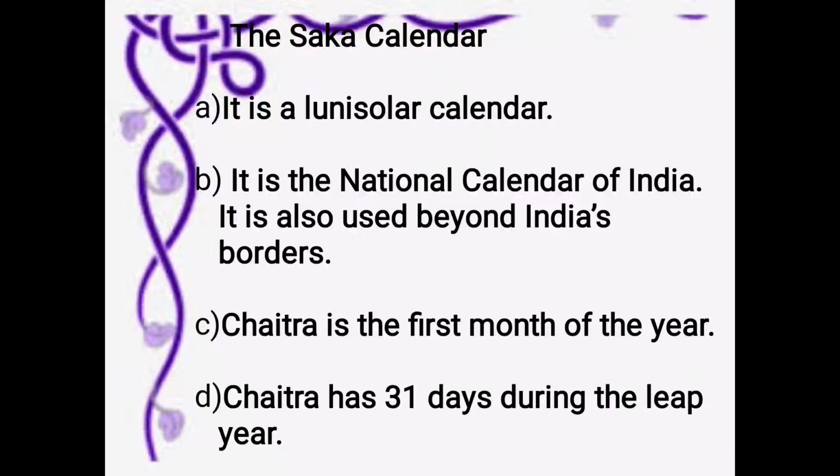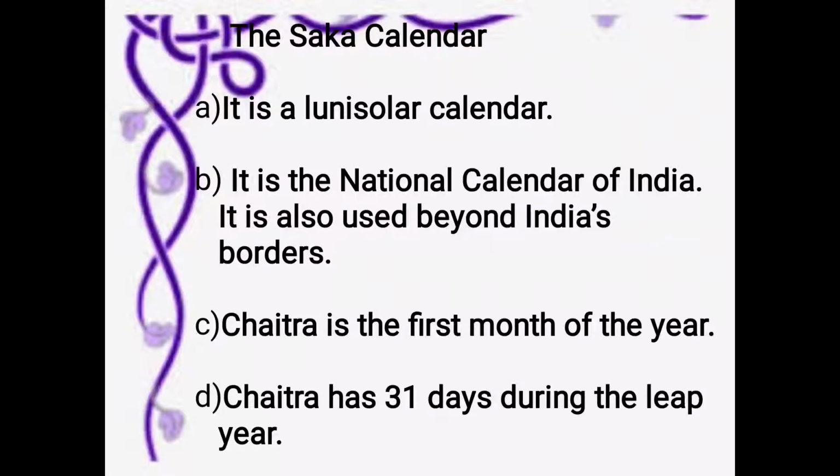Now when we come to Saga calendar, this is a solar calendar. It is the national calendar of India and it is also used beyond Indian borders. Here the first month is Chaitra. Chaitra is the first month of the year and this Chaitra has 31 days during the leap year. Now we can find out the difference between the Gregorian calendar and Saga calendar.